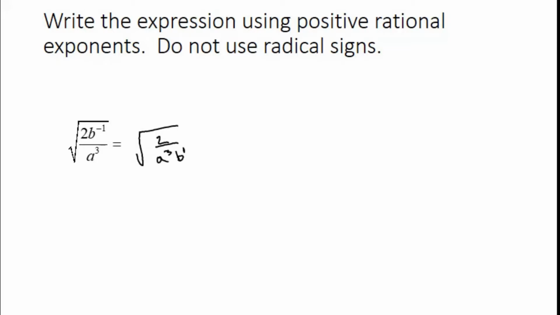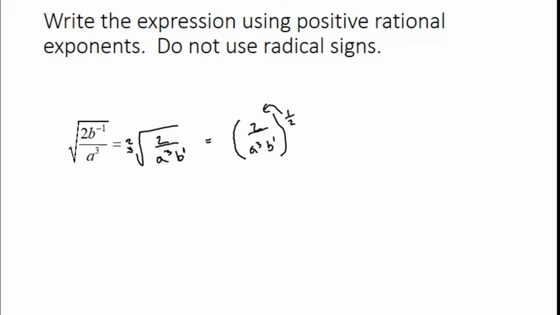So now let's rewrite this so we don't have any radicals. One thing to note is that, again, we're dealing with an index of 2. So we could, if we wanted to, express it this way: 2 over a to the third, b to the 1, all of that is being raised to the 1/2 power, because that's what the square root is.